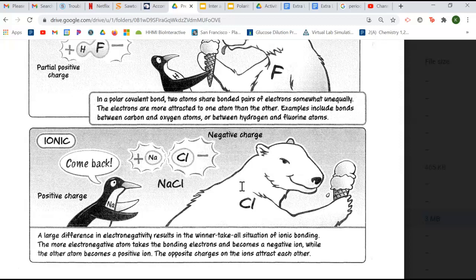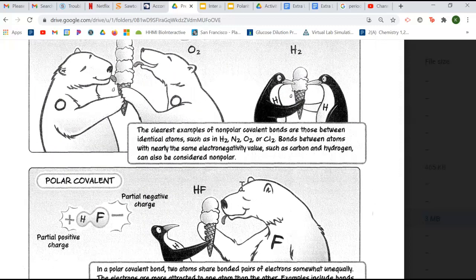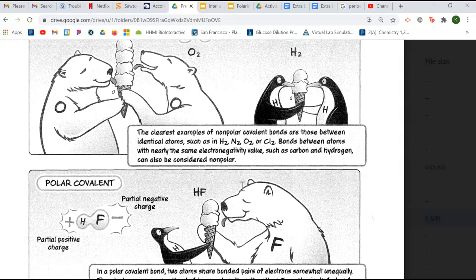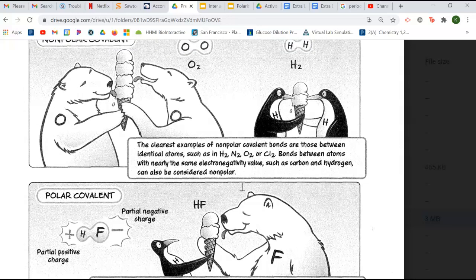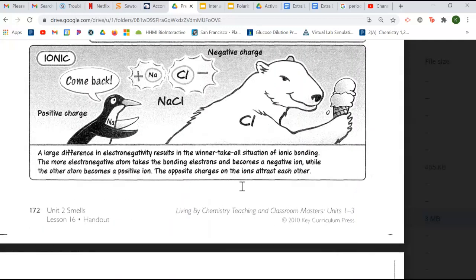And those opposite charges on the ions attract each other. This is our classic example, what we've been doing all along, where sodium loses the electron to chlorine. They have such huge differences in electronegativity that the chlorine takes the electrons away. When we're talking about molecules, remember, their electronegativity isn't quite as different, and so they instead share the electrons.